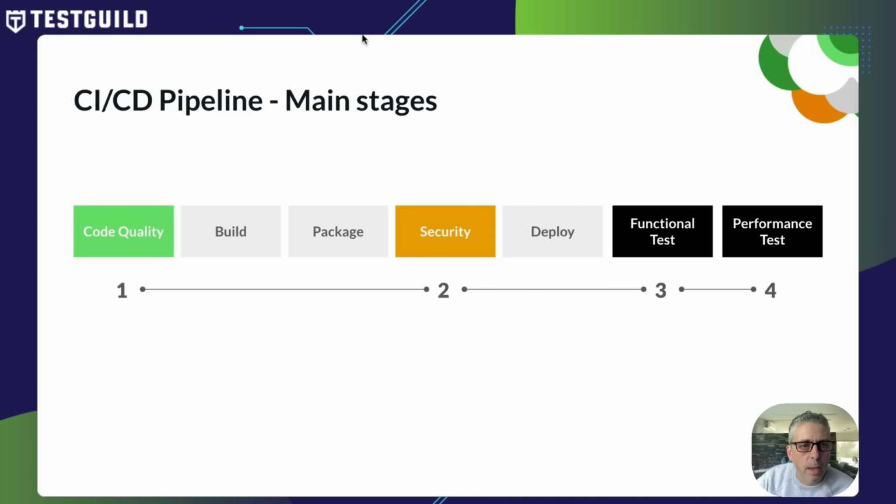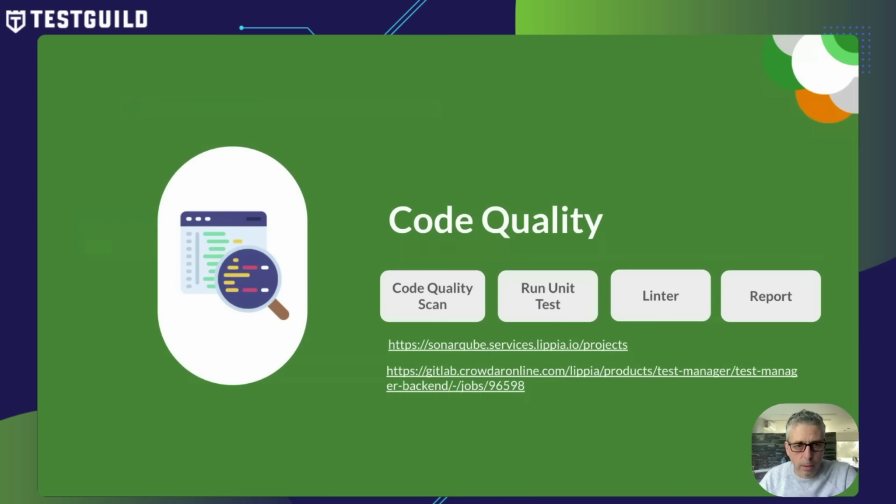So for this example, we will take into account a simple pipeline that is configured for a set of APIs or microservices that supports, in particular, a web product, and we will see the different check-ins. So the first check that we will execute is a code quality check, basically.